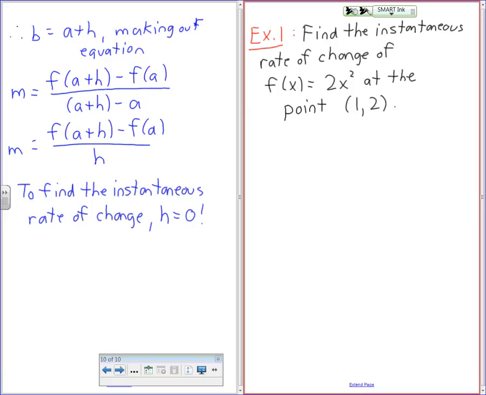Okay, let's do some algebra. I'll take this one gently, then you guys can attack the next question with your giant brains.